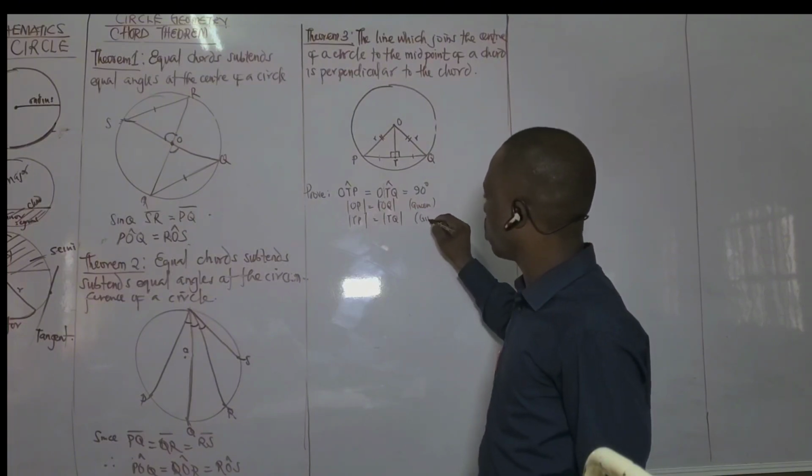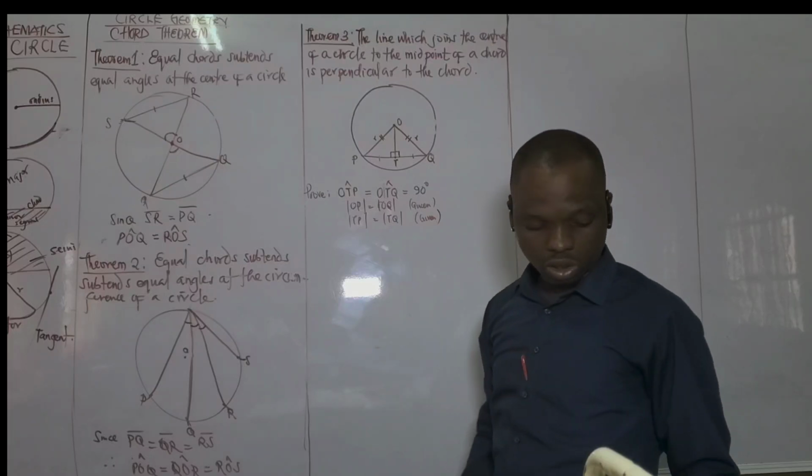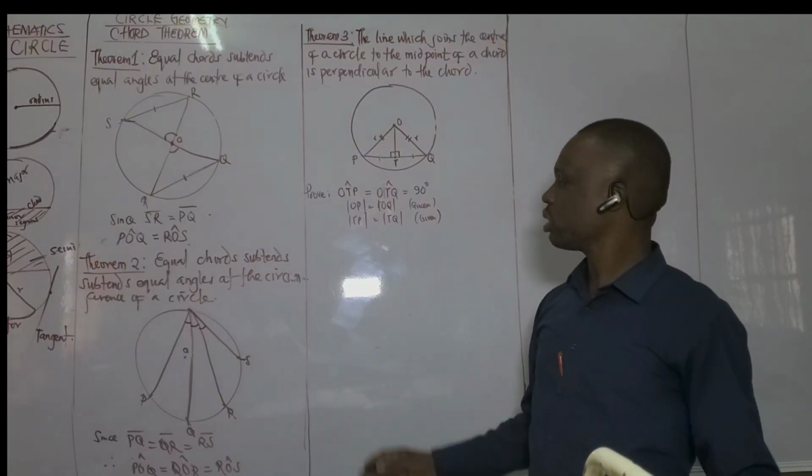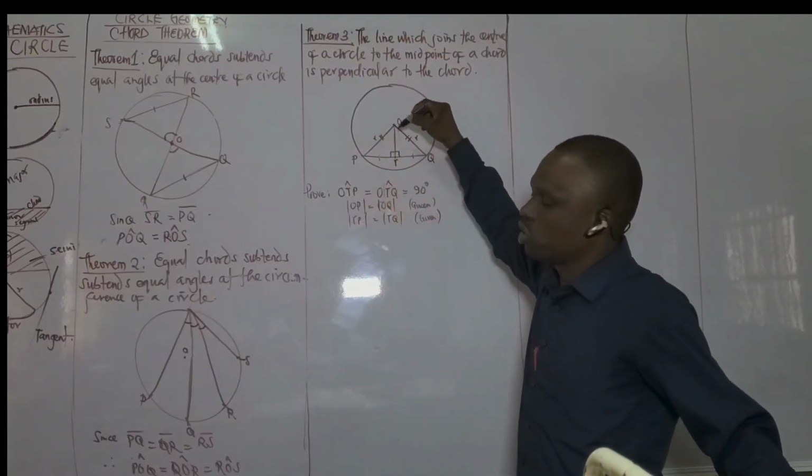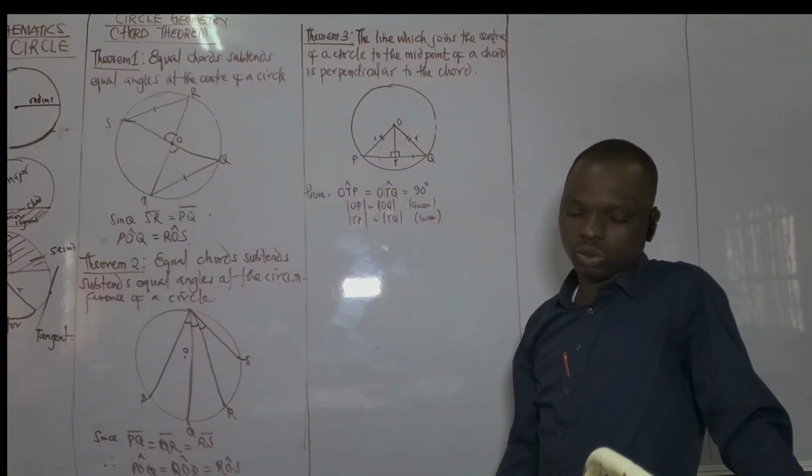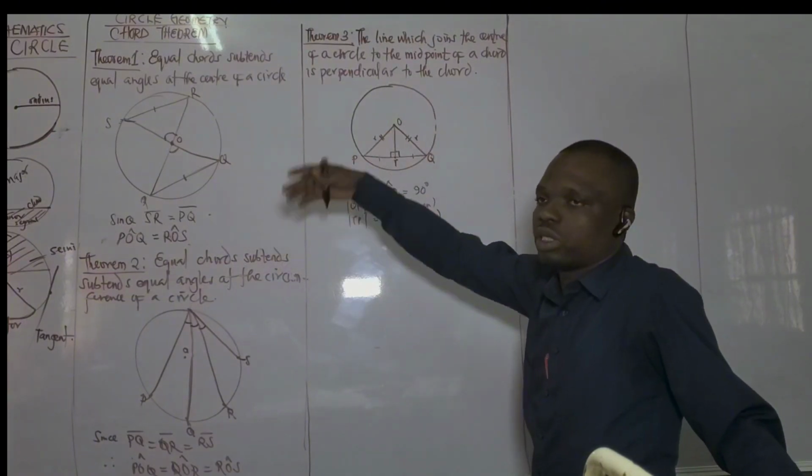These are given. So you can now see that OT is common to these two triangles, which means OT for this is the same thing as this.